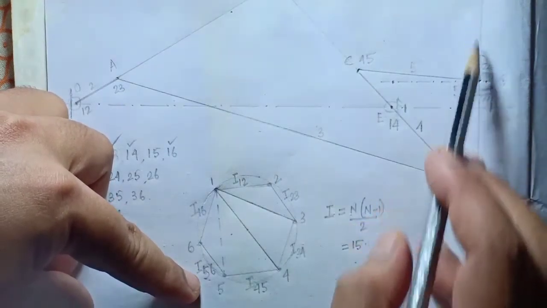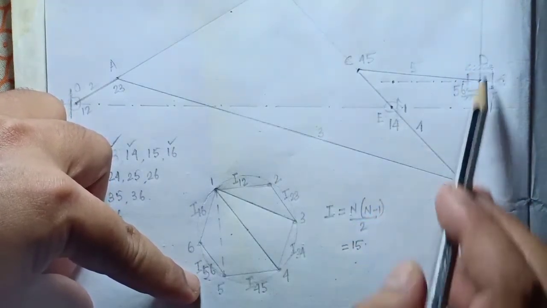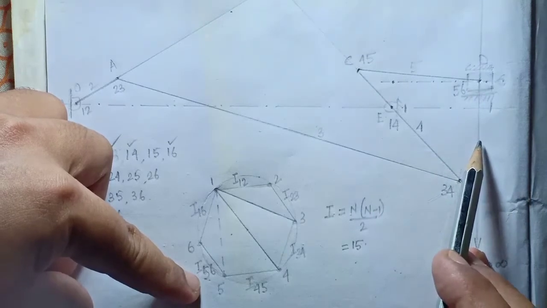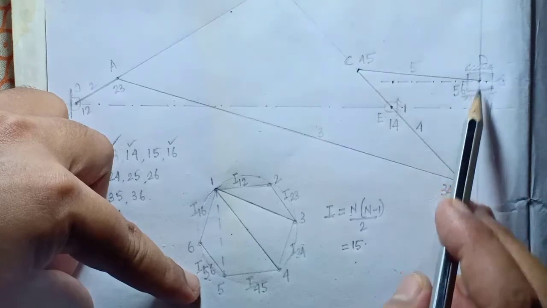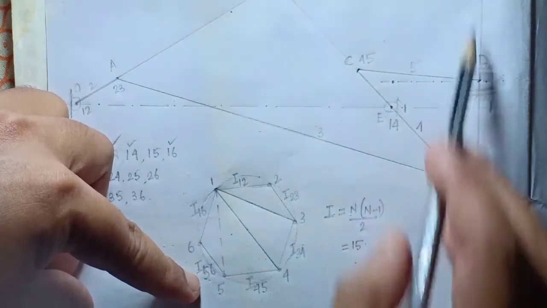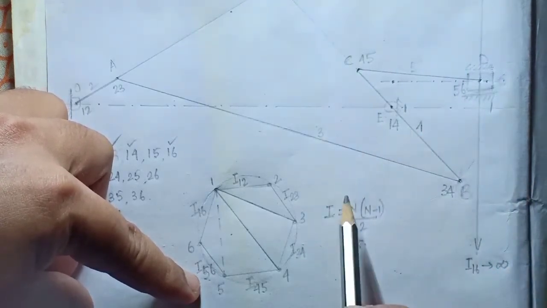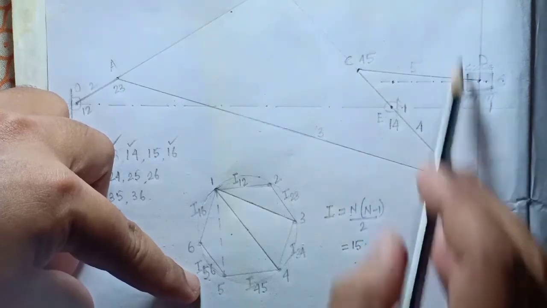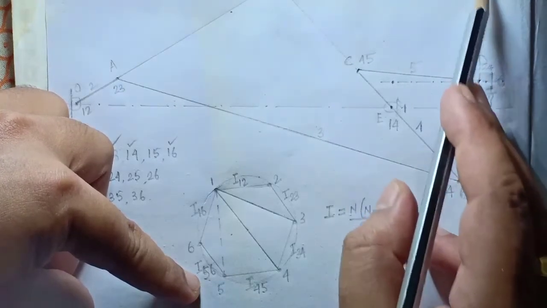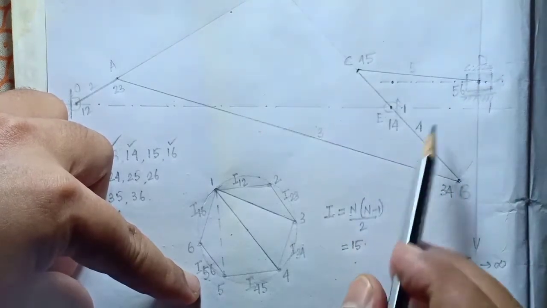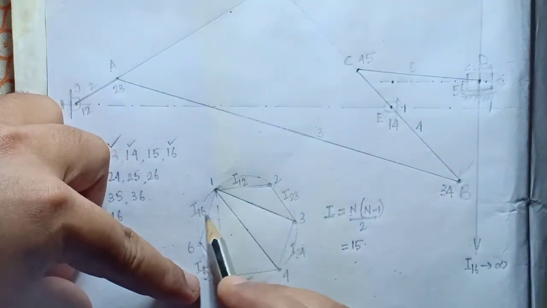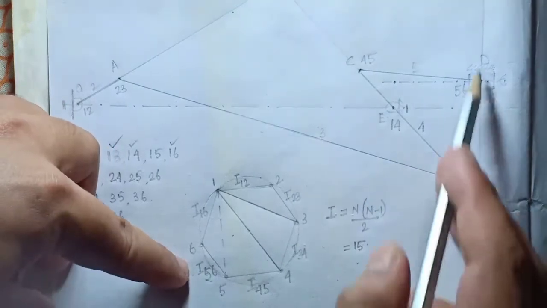This is the instantaneous center line of the slider, which is at infinity. We have to pass this line through this point. It has been drawn already, passing through I56. We do not draw anything else for this.